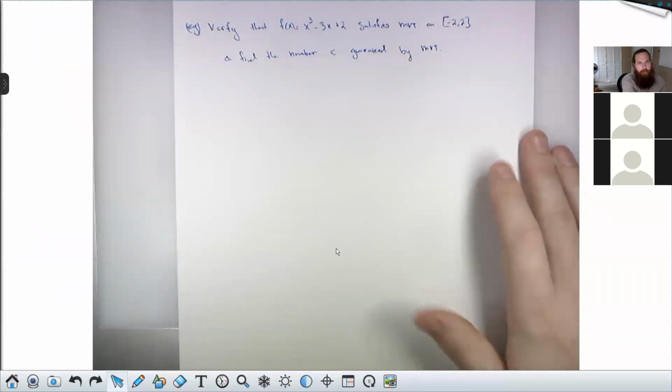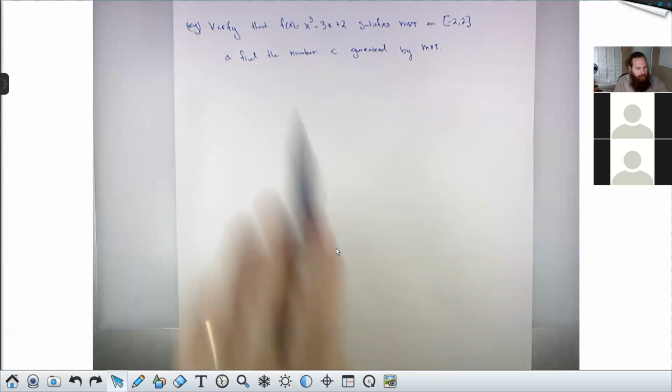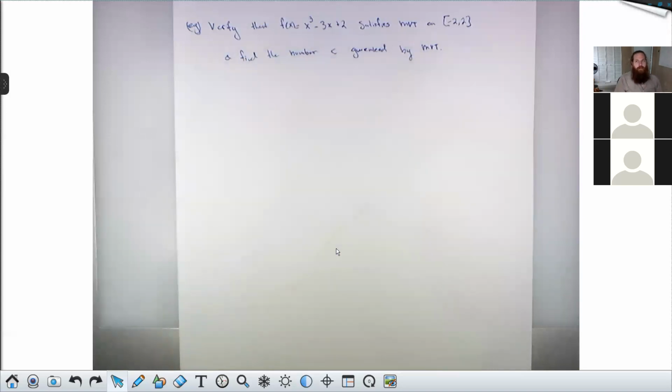Okay. So what does it mean to satisfy MVT? It means that you're continuous on the closed bounded interval and differentiable on the open interval.